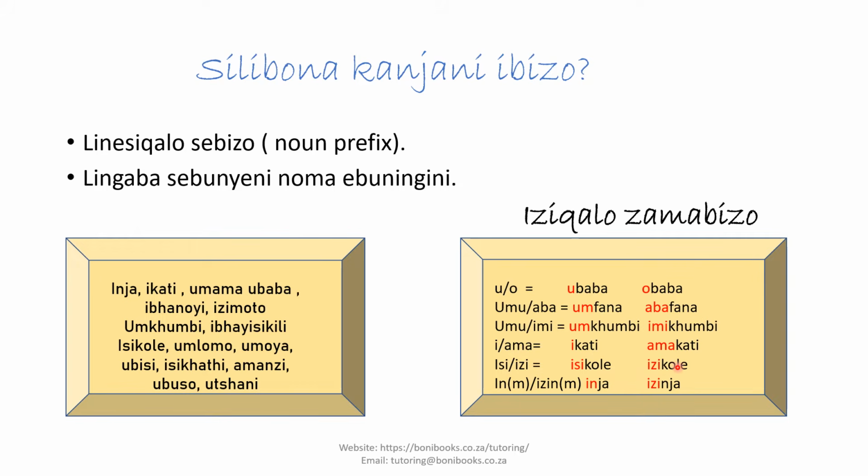Isikole, izikole. Inja, izinja. All these in red are your iziqalo zamabizo, your noun prefixes. So if we say it's a noun, it must have a noun prefix, and it can either be in the singular or in the plural form. Ubunye is singular, or in the plural form, ubuningi.